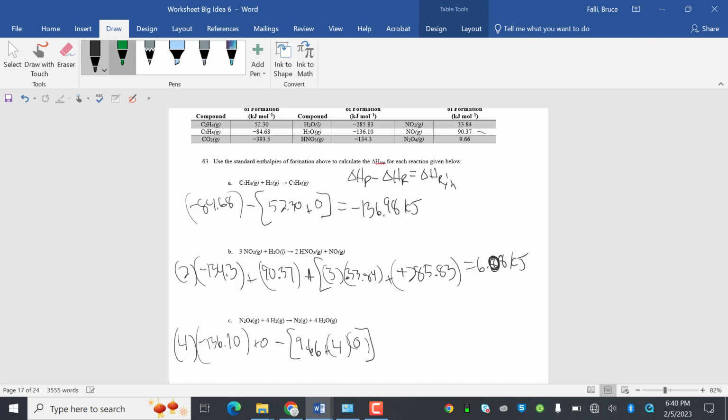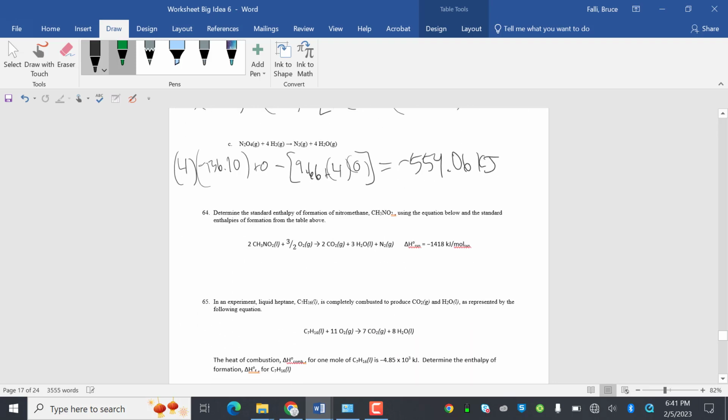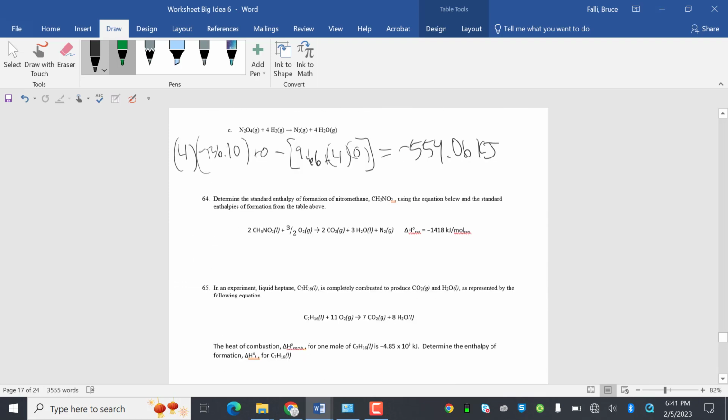So 4 times negative 136.10, minus 9.66 equals negative 554.06 kilojoules. All right, it never ends.